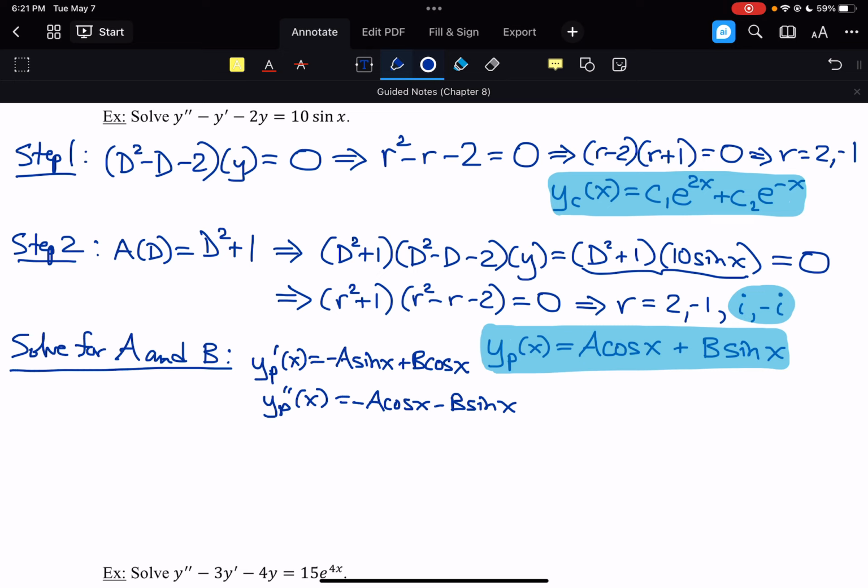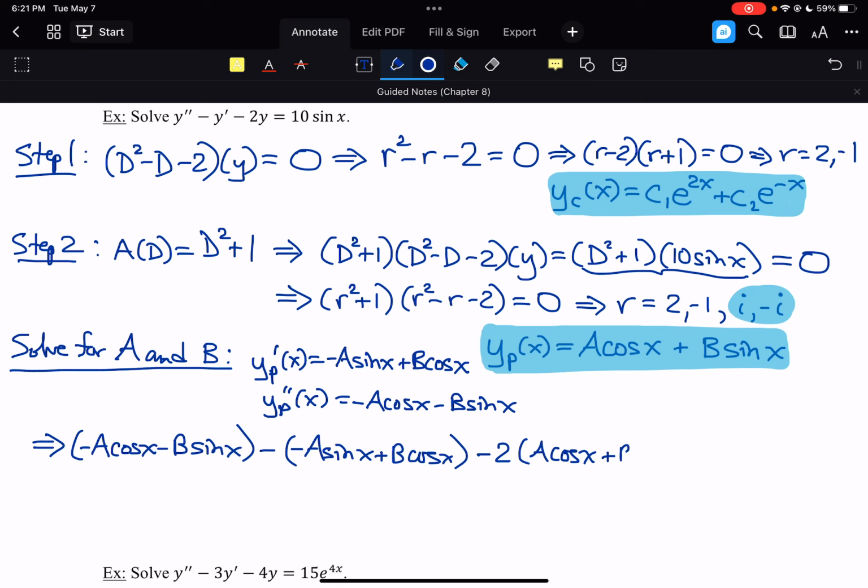And now this just kind of amounts to a bunch of algebra, but we sub those into the original differential equation. So that's going to be negative a cosine x minus b sine x, minus y prime, so negative a sine x plus b cosine x, minus 2 times y, that's a cosine x plus b sine x, equals 10 sine x.